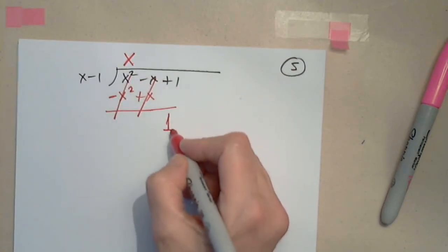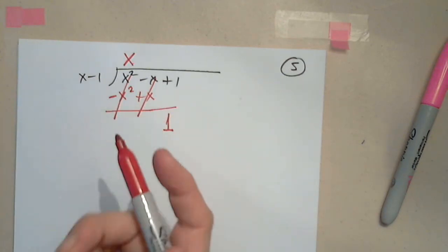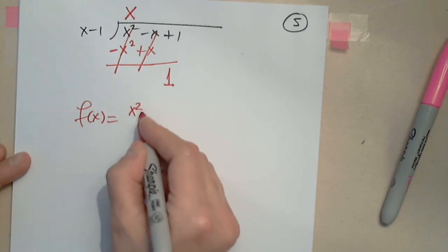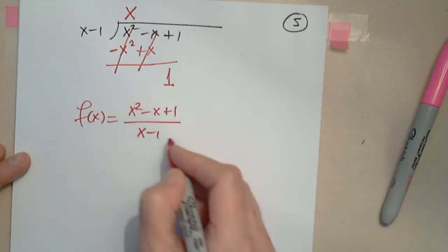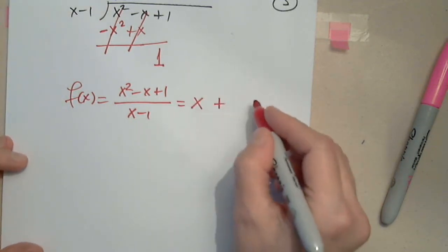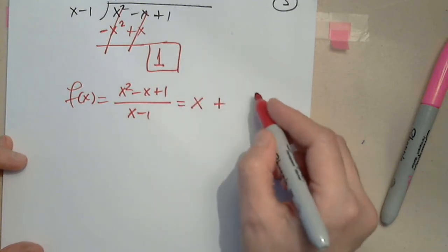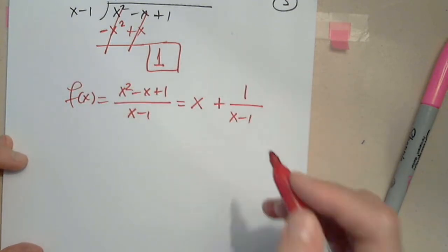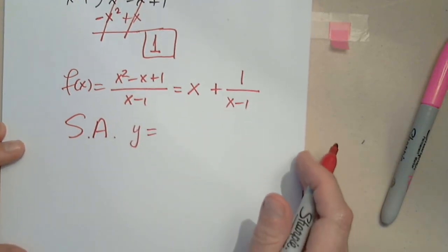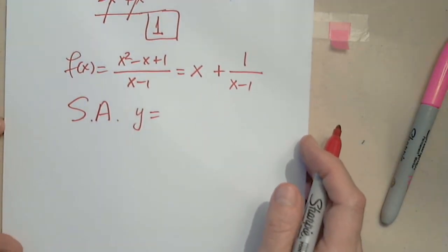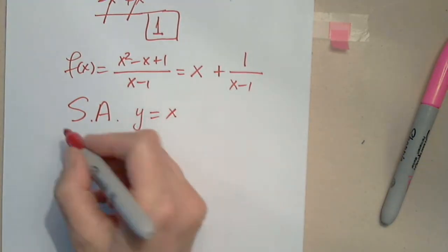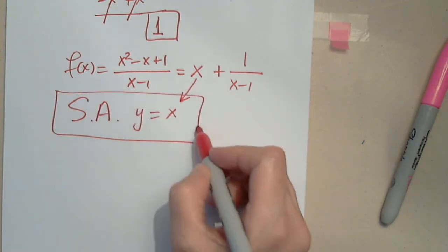I bring down the 1, but I can continue. So the function f of x, x squared minus x plus 1 over x minus 1, equals the quotient, which is x, plus the remainder, 1 over x minus 1. So what is the slant asymptote then? y equals? x. Thank you very much. Just the quotient.